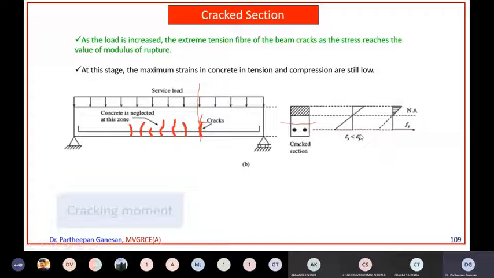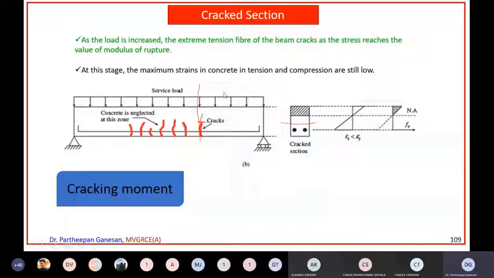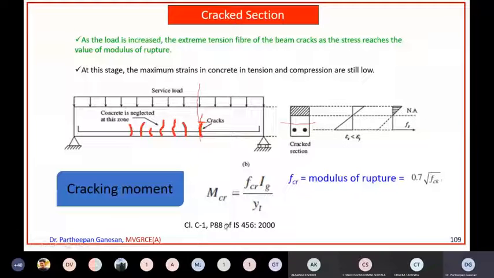Now, at what point of time does this crack start to develop? Your code gives a formula. The cracking moment is equal to fcr multiplied by the gross moment of inertia divided by yt. So what is this fcr? fcr is given on page number 88 of IS 456 in Annex C. fcr is called the modulus of rupture or the tensile strength, which is equal to 0.7 times root fck.